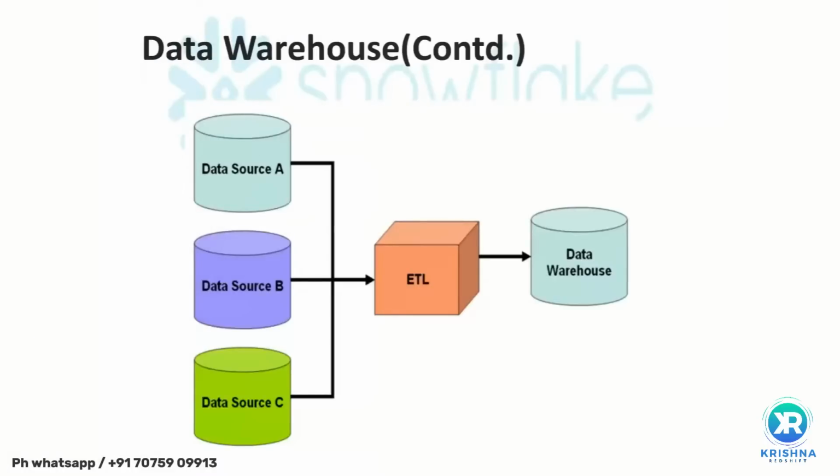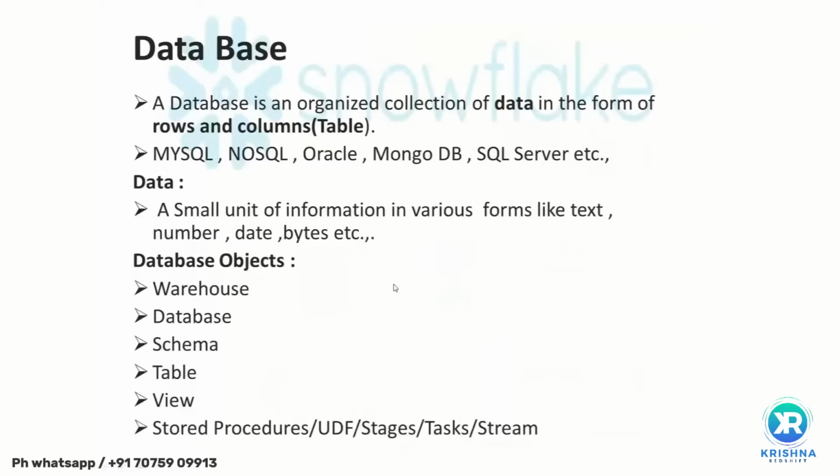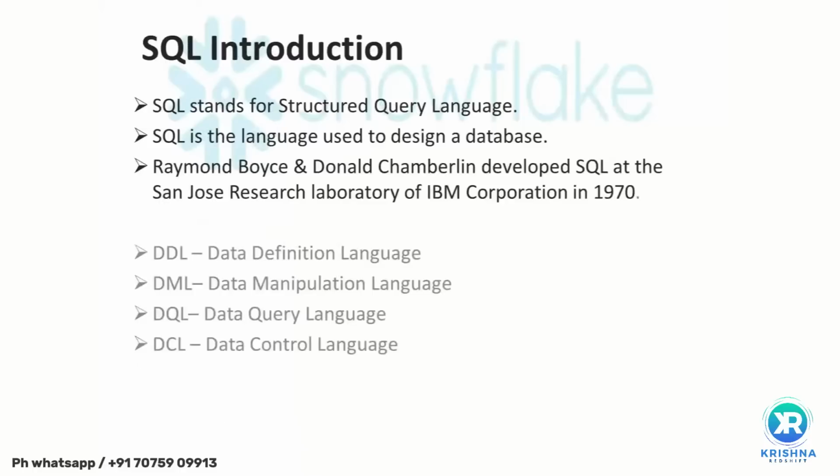We have already seen this. Sources, ETL, data warehousing are different ways of getting the data, from different websites and mobile phones. Different sources: you get the data into the warehouse. We already discussed these. What is a database, different databases and database objects.